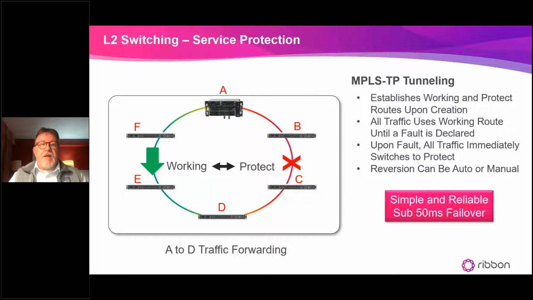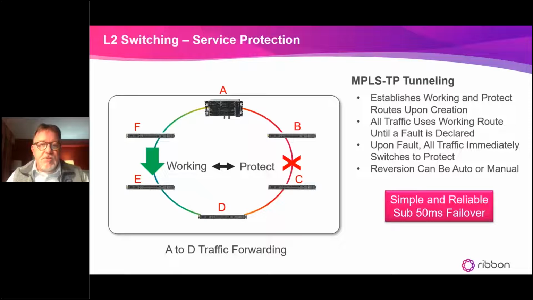Well, when a fault is declared, which according to the protocol typically happens within 10 milliseconds, then the traffic all switches over to protect, right? So for those of you from the Sonnet days, if this looks familiar, you are right on target.